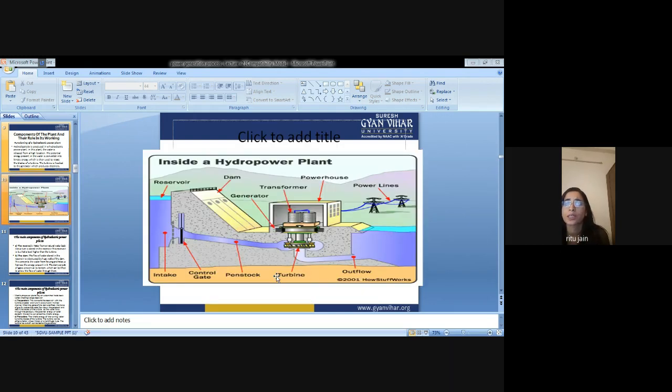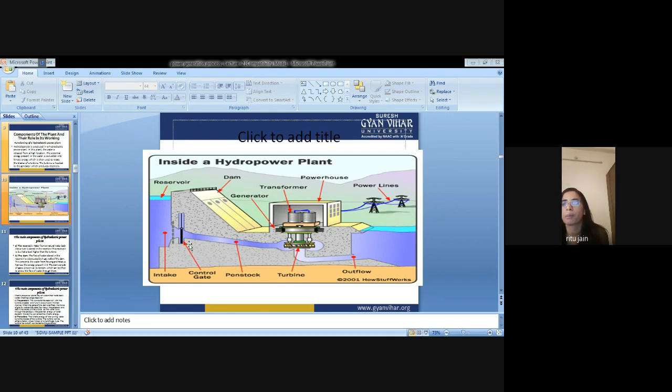This is the basic diagram of a hydropower plant, in which you can see the intake, the reservoir, dam, generator, and transformer. A reservoir is used to reserve the water. Then the dam is always made at height, so potential energy of water can easily be converted into kinetic energy.